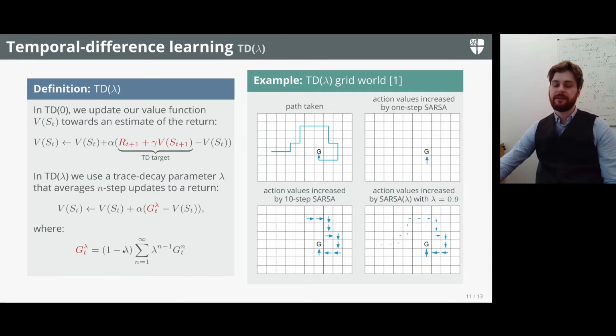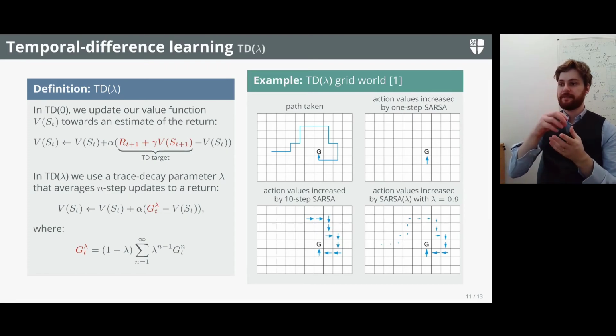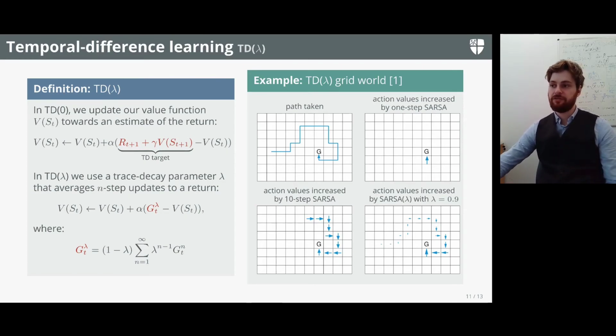Setting lambda to 0 reduces the equation to its first component only, which is equivalent to just a one-step TD update, as in TD0. Whereas setting lambda to 1 reduces the overall update to its last component, which is equivalent to a full Monte Carlo update. So we can tune lambda to interpolate between TD0 and a full Monte Carlo update.